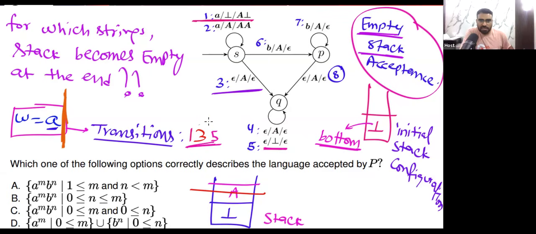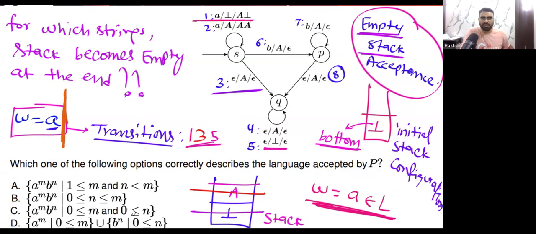So by taking transitions 1, 3, 5, this string w is accepted. Do you agree? So this string w belongs to the language, because at the end of the string you can empty your stack. That is the reason this string is accepted.